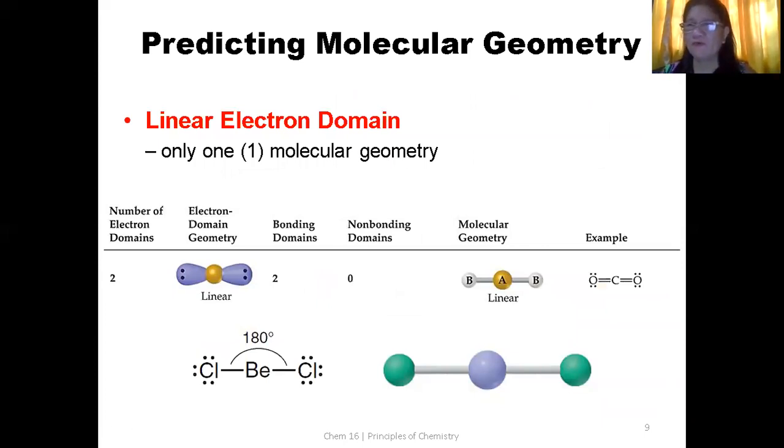Let us have it one by one. The first geometry is the linear. Linear electron domain, only one molecular geometry. For instance here, beryllium dichloride, how many domains? That is 1, 2. Right now, for your Lewis structure, how many valence electrons in total?